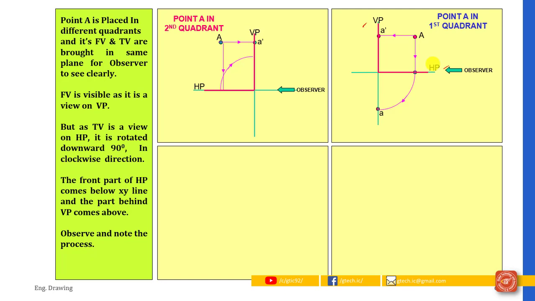As you see, if you rotate this plane 90 degrees downward then this side of the plane moves upward, so the point A shown above the HP but behind the VP is moved towards the VP like this.